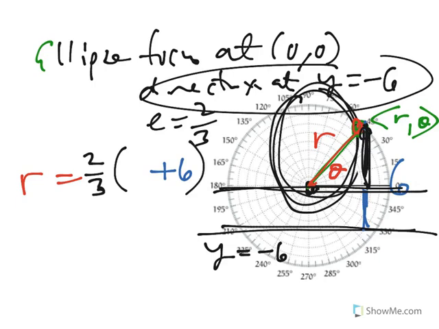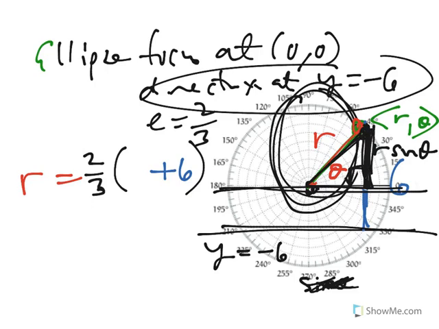But the black line, I can see this right triangle here, and the black line is the opposite side. If the hypotenuse is r, the opposite side is r sine theta.